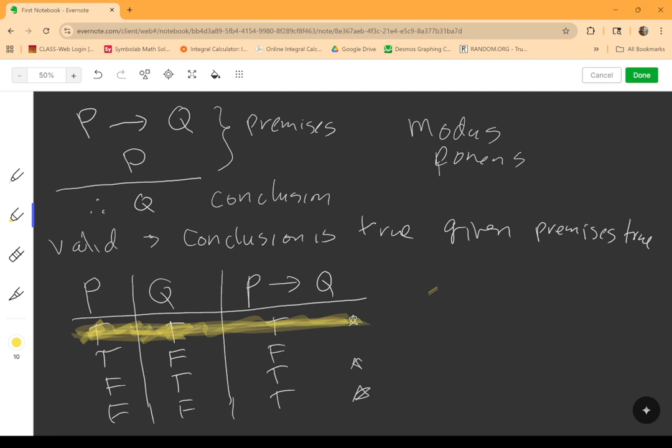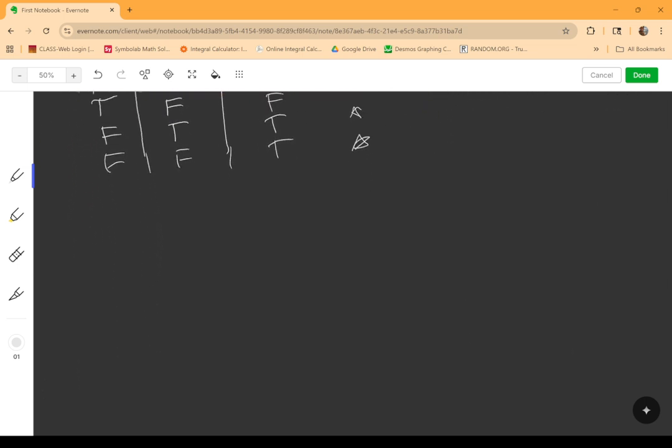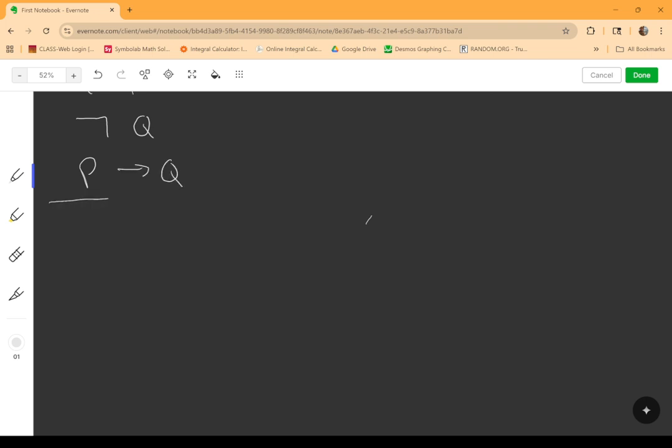Okay. All right, let's go over another example here. So let's say not Q, P implies Q, therefore not P. All right. This one is also a famous argument.